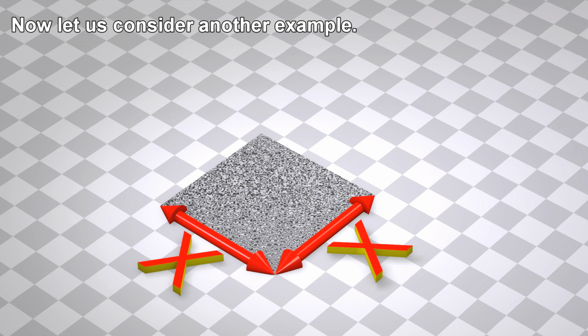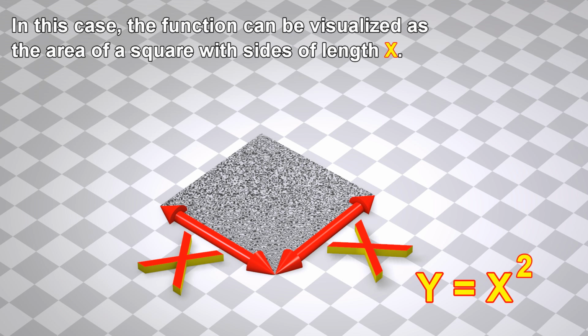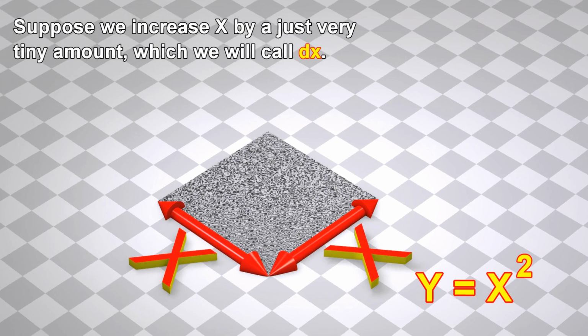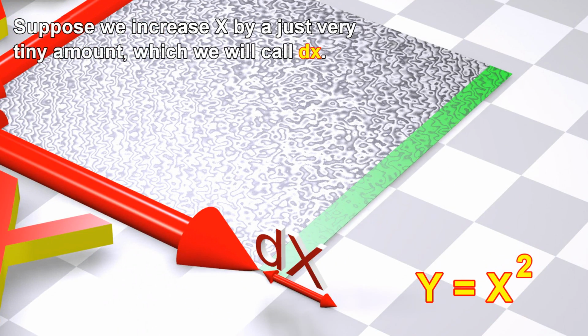Now let us consider another example. In this case, the function can be visualized as the area of a square with sides of length x. Suppose we increase x by just a very tiny amount, which we will call dx.